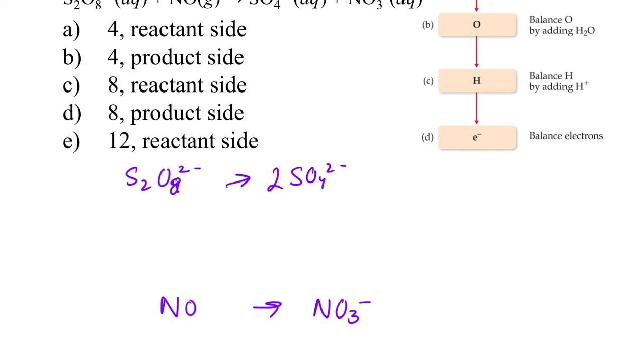The only thing left to check is the charge. And so we have a 2- times 2 for the overall charge on the product side, minus 4, and then overall minus 2 on the reactant side. You don't need to do anything with those values other than they're used for bookkeeping, okay?